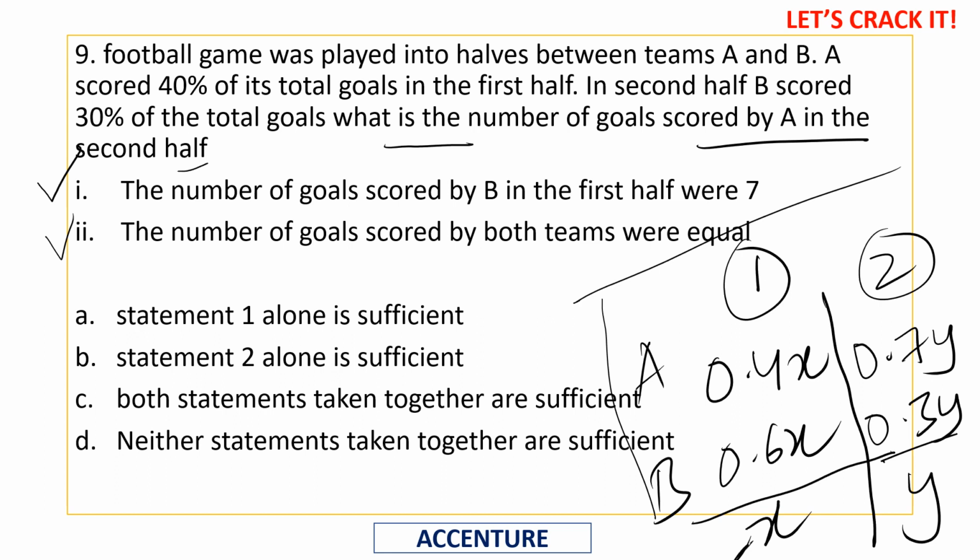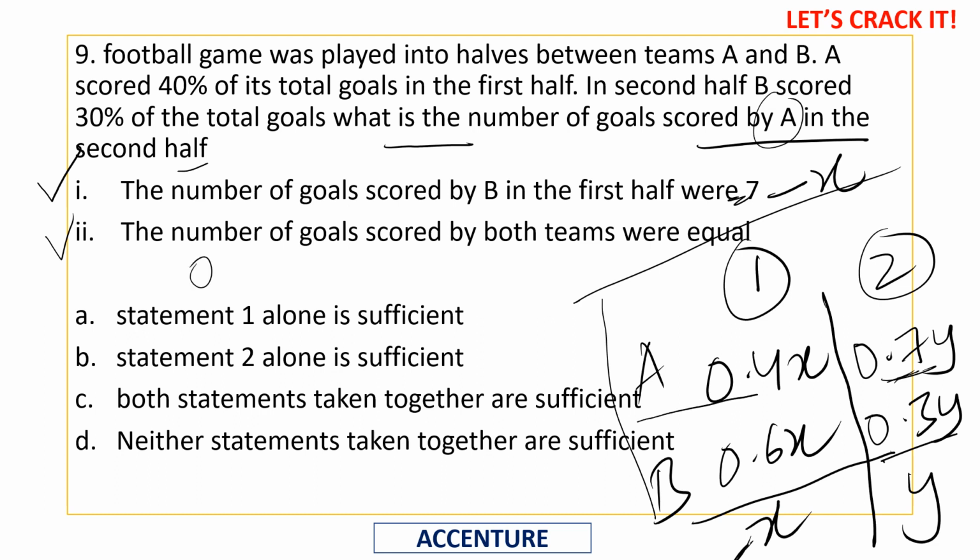Here, in order to find the number of goals scored by A in the second match, we should find 0.7Y, right? So we should know the value of Y to get the answer. So with the first statement, number of goals scored by B in the first half, we get 7, so we can find the value of X, and with the second statement, we get an equation, which is that the number of goals is equal.